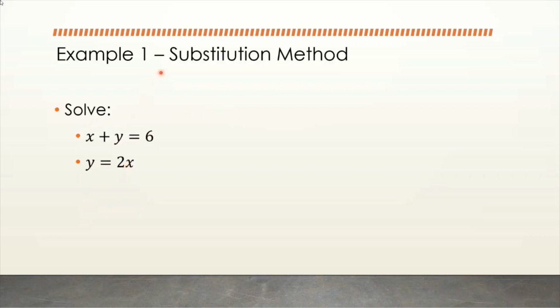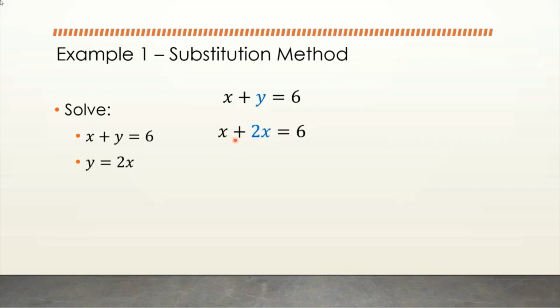Alright, so here's an example of the substitution method. What you do is you're basically going to substitute. I already have y by itself, y equals 2x. So I'm going to replace the y with 2x.